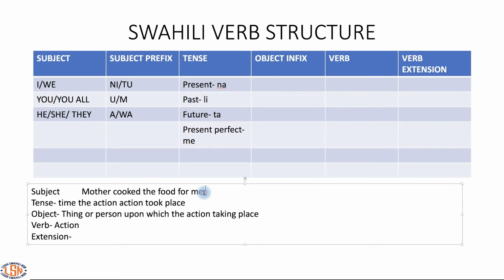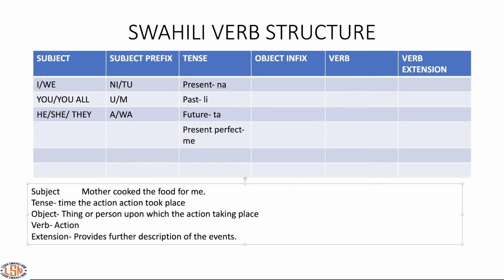In this case, for me would be indicated by a verb extension. Last week we looked at one verb extension, which is the preposition for, on, or at.